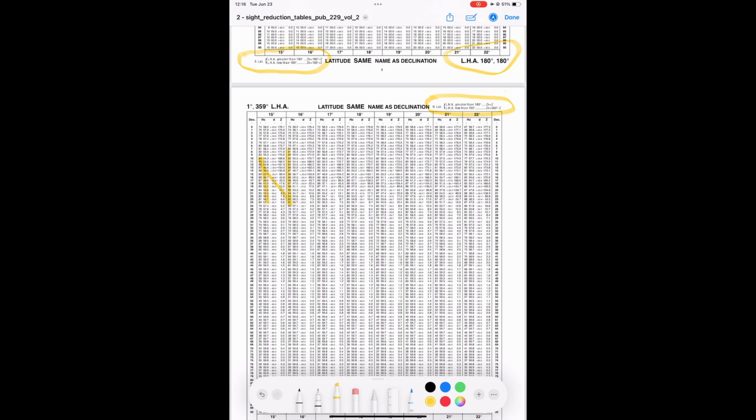So it says LHA greater than 180 degrees, Zn equals Z, or LHA less than 180 degrees, Zn equals 360 degrees minus Z. In this instance, we have an LHA of 300 degrees.